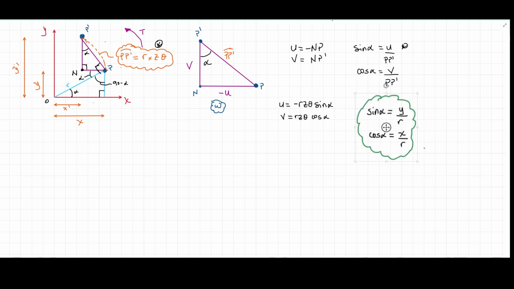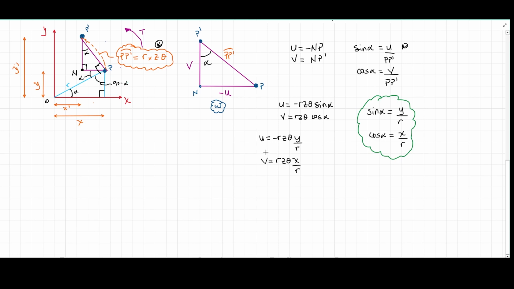By using these relations I have here, I can now write this equation for u equals minus r z theta, and sine of alpha is going to be y divided by r. And v, we have r z theta times cosine of alpha, which is going to be x divided by r. I'm going to mark these equations.